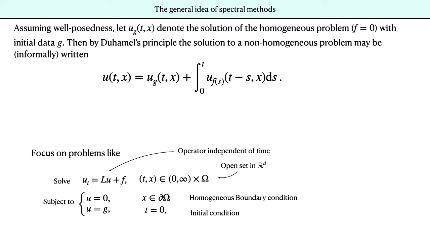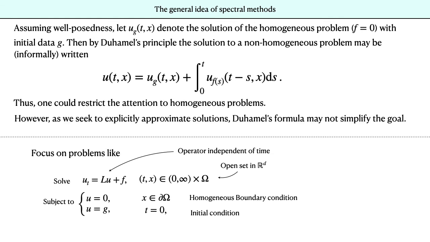But we're not going to drop the source term. Duhamel's principle says that you can drop the source term and only focus on homogeneous problems, but we will not do that, because we will aim to find a nice numerical method of explicitly calculating u, and Duhamel's principle doesn't necessarily simplify the goal.